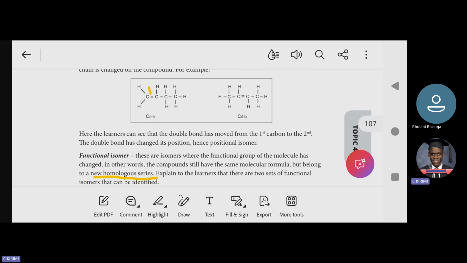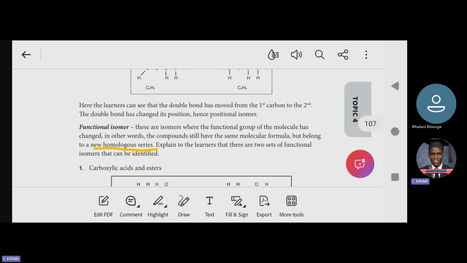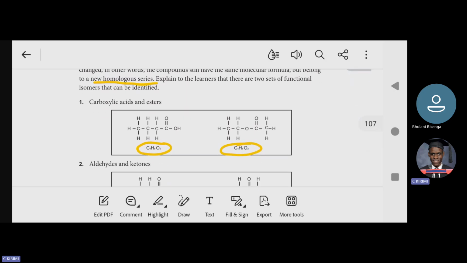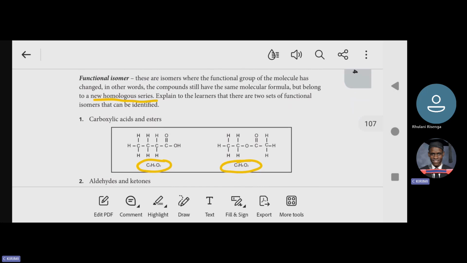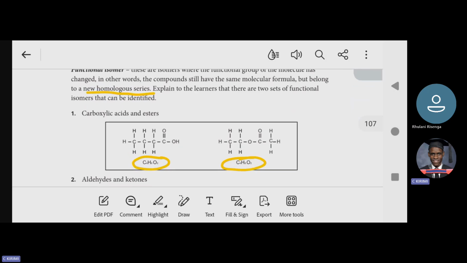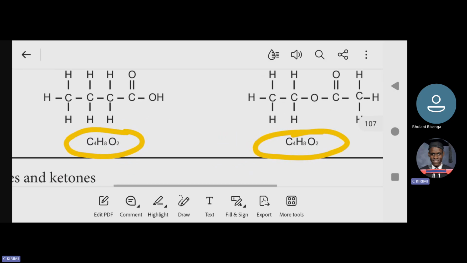For example, we have carboxylic acids and esters. They still have the same molecular formula, but now they belong to a different homologous series. The one is an ester, the other is a carboxylic acid.